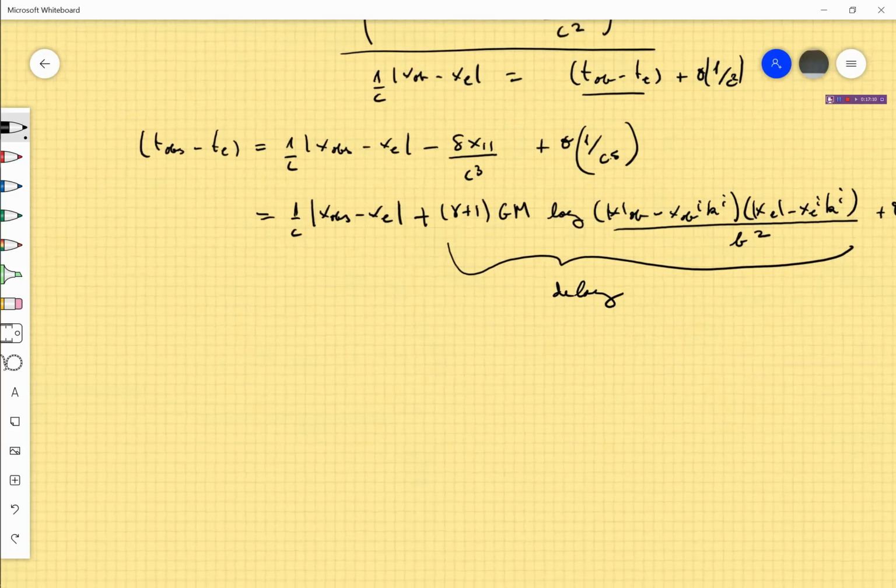In the case of the Shapiro delay, both the source and the observer are very, very far away from the body. In the original experiment, it was the sun, then the Earth, and Venus somewhere here. So you would send a radar signal, and it would come back.